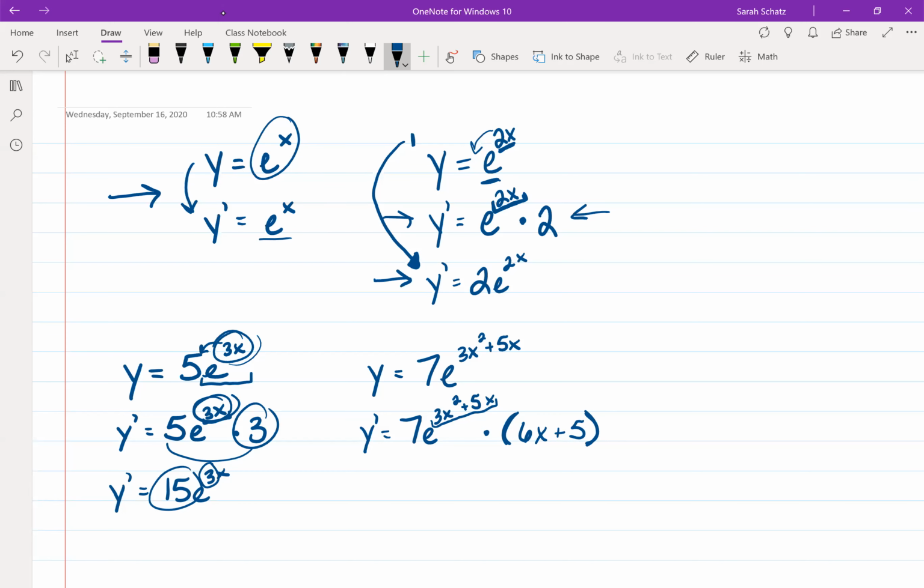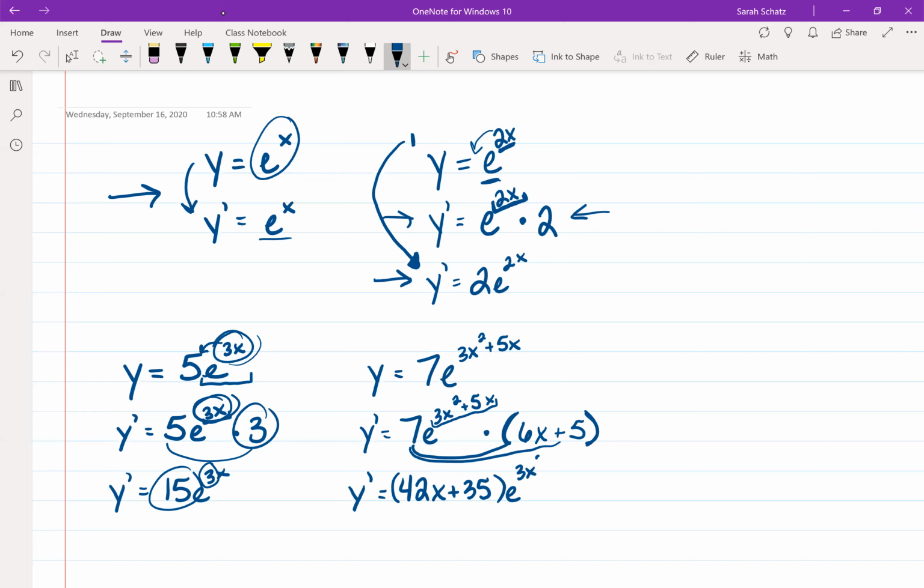Notice, because that derivative has 2 terms, I've got it in parentheses. Now, technically, I'm done, right? I've taken all the derivative, used all the rules that I need to use. But on this one, what I would do is take this 7 and distribute it to both of these terms. So you could write this as 42x plus 35. And then you have your exponential term.